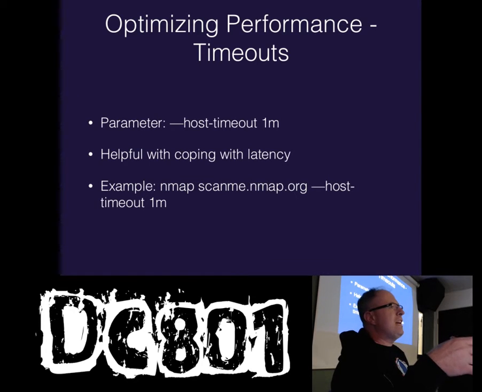Normally it has a certain timeout. It sends out your request, but it waits, and it could wait on nothing. So you can set a timeout, and the benefit is you're not waiting so long for results on something that isn't even there. So that's useful.